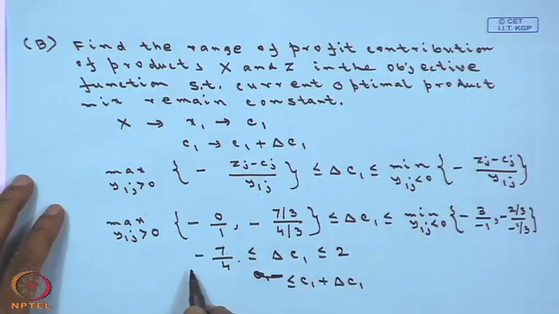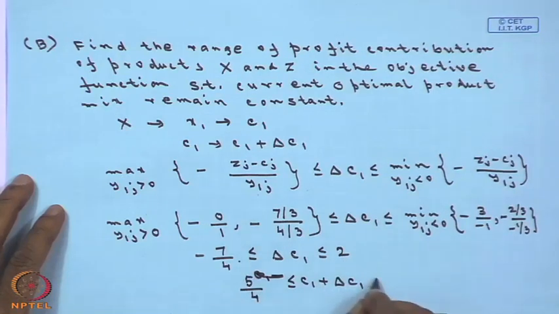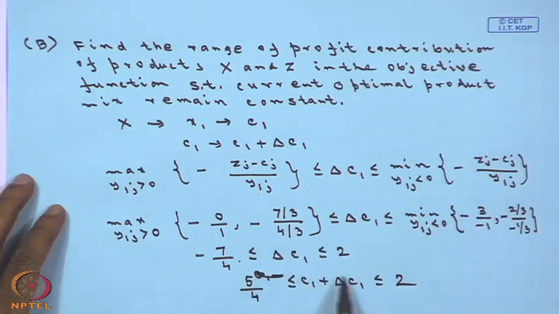So, it will be 3 minus 7 by 4 on this side, and 3 plus 2 on the other side. Therefore, if the cost coefficient for the product X lies in the range 5 by 4 to 5, there will be no change in the optimal conditions.